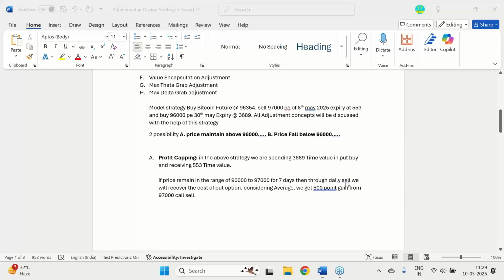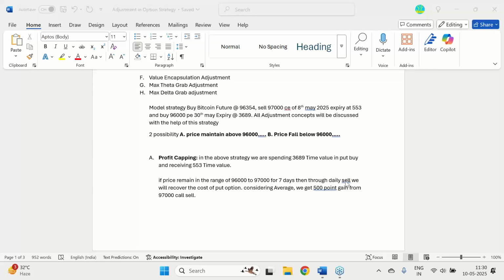The basic theme of profit capping is, whatever earned profit is there, what is the process by which we should protect that profit we have already earned, and wait for a favorable situation which may or may not come for us. If the situation doesn't come for another 5 days, 6 days, why wait?